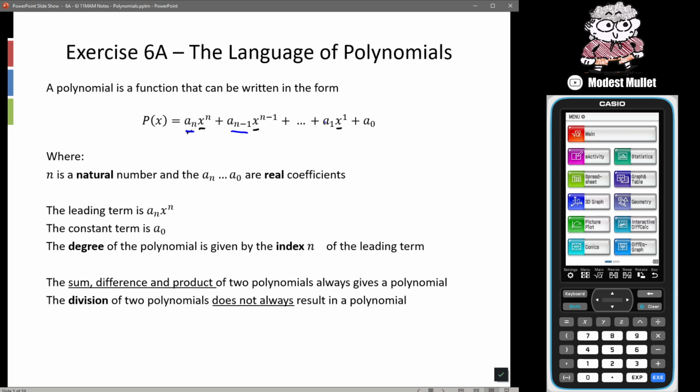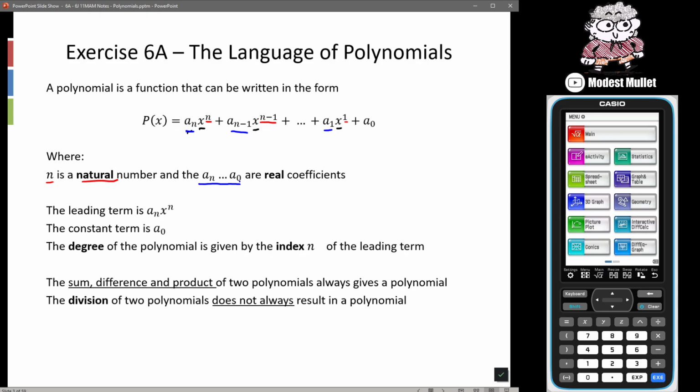They could be all the same, they could be all different numbers, and each of the x has a power. Now, the rule for these is n, being the power, needs to be a natural number. And the other rule is that the coefficients need to be real, so they can't be imaginary numbers.